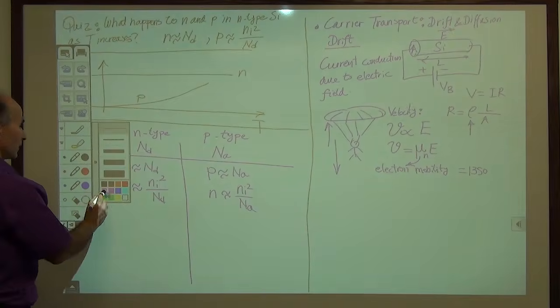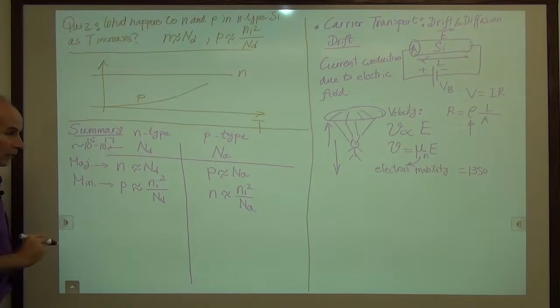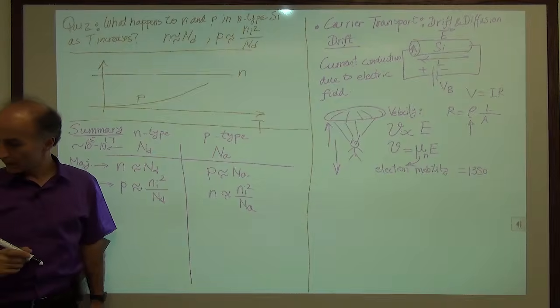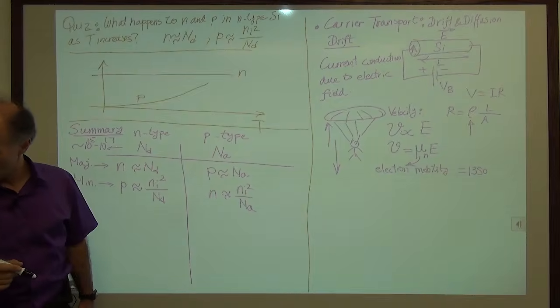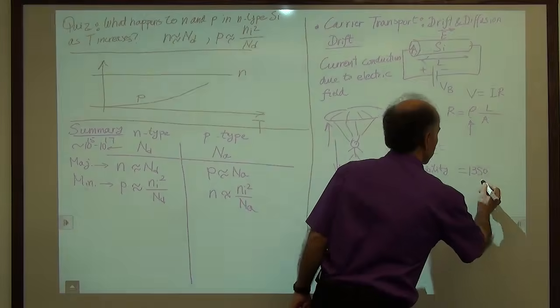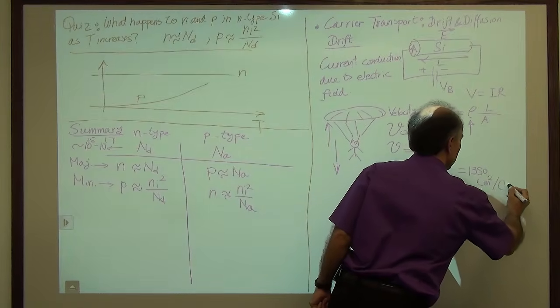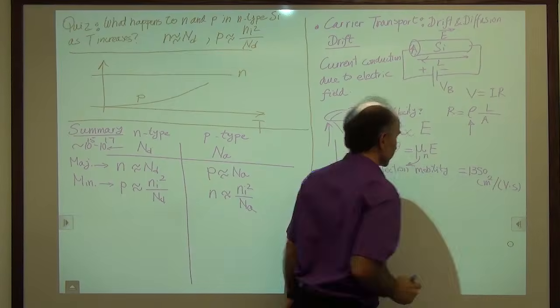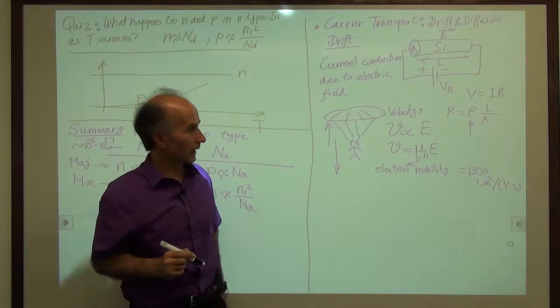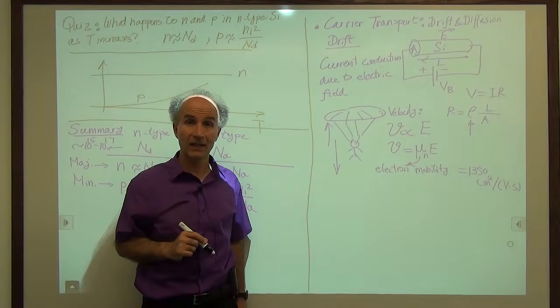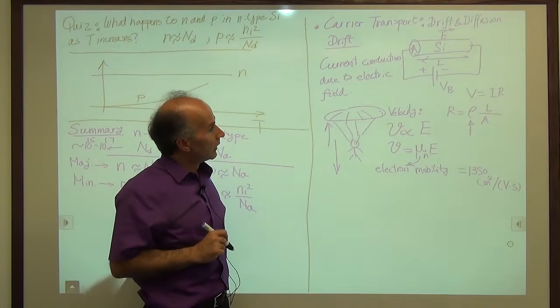So the unit is centimeter squared per volt second. Centimeter squared per volt times second. That is the mobility of electrons in silicon. All right.